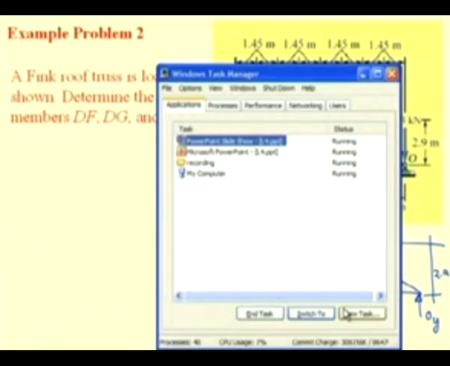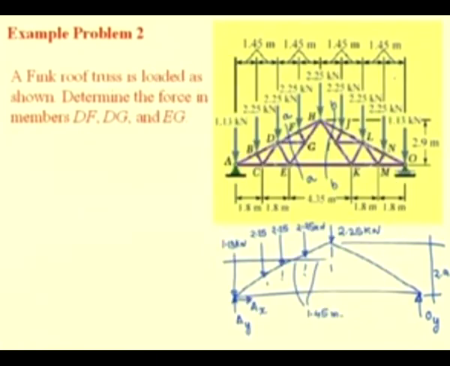All these individual distances are 1.45 meters. Let us use this free body diagram to compute the reaction at A.